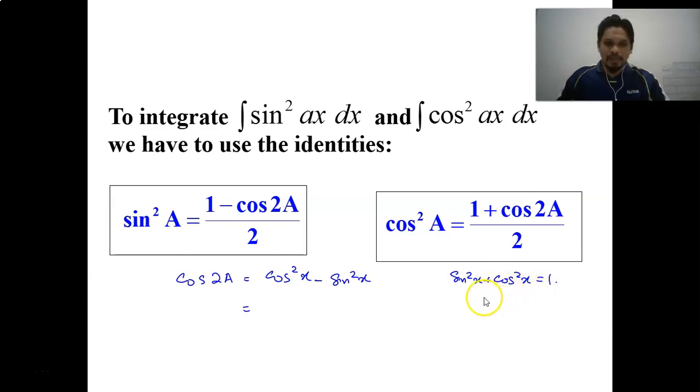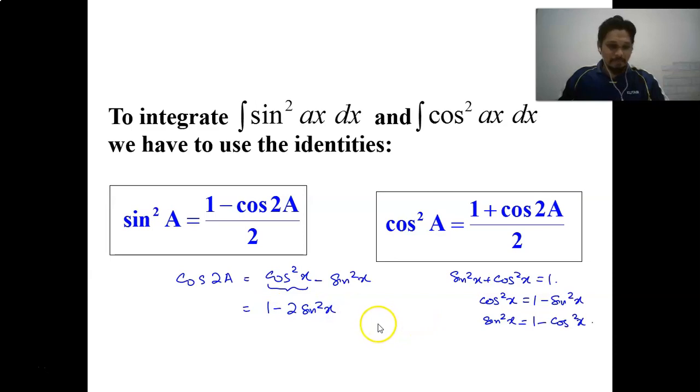So cos square x equals 1 minus sine square x, and sine square x equals 1 minus cos square x. So we substitute cos square with 1 minus sine square, and you come up with 1 minus 2 sine square x.